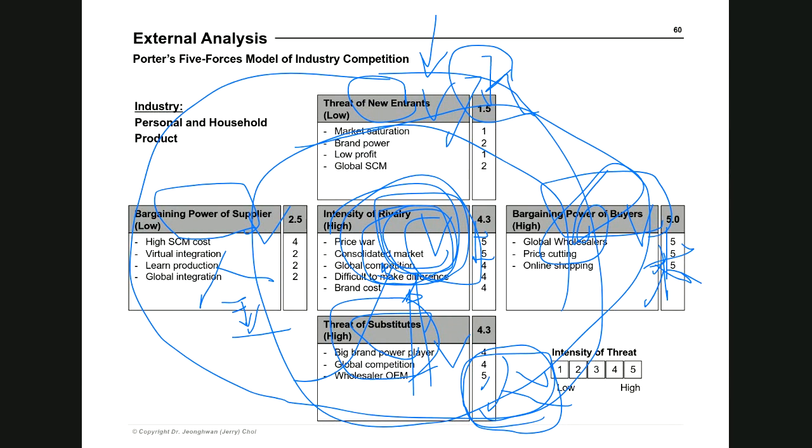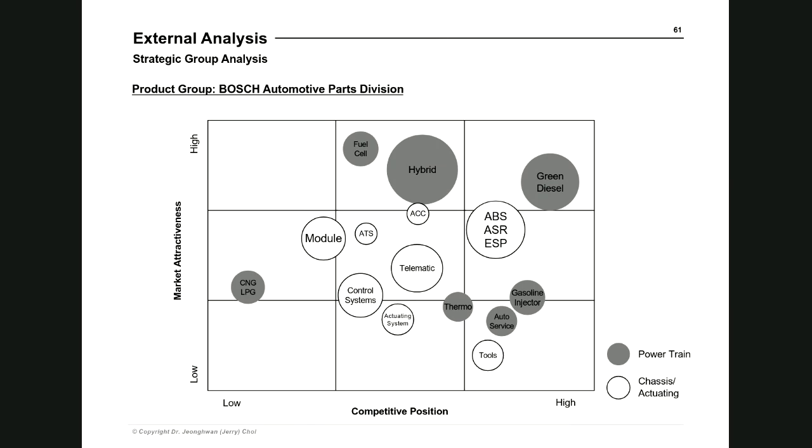So you have an advantage to know what's going on outside by using the 5 forces. Please use that. And there we learned about the strategic group analysis, maybe by boundaries and by categories, and that's something going on this side.